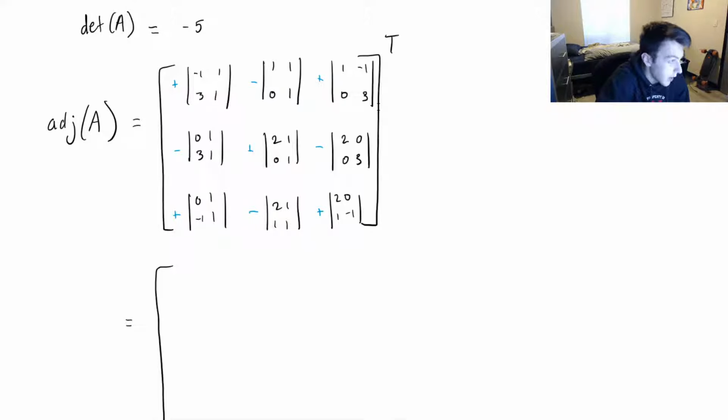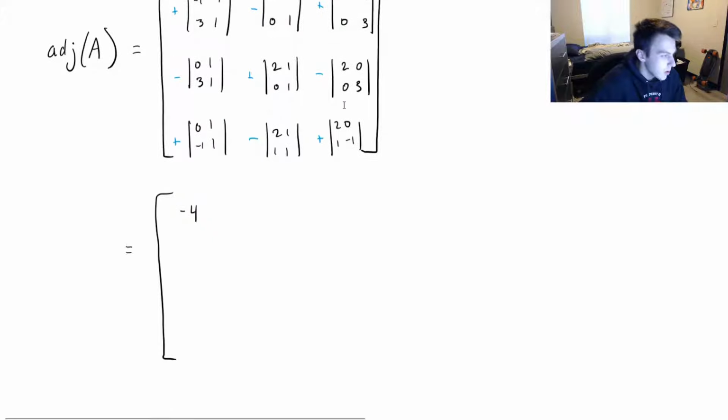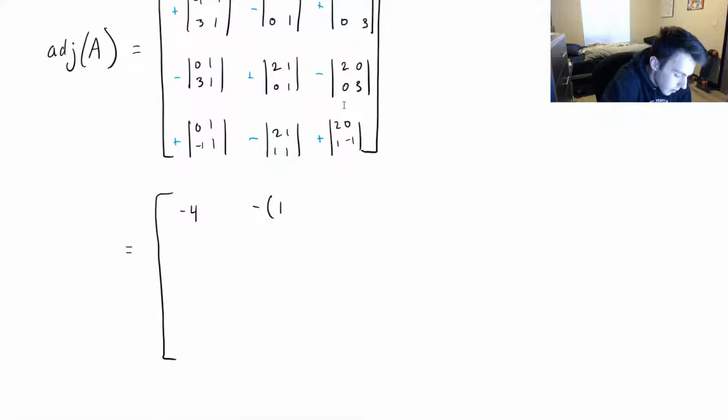So the first one we have -1 minus 3, which is minus 4. Next, remember, negative times, so this is going to be 1 minus 0.